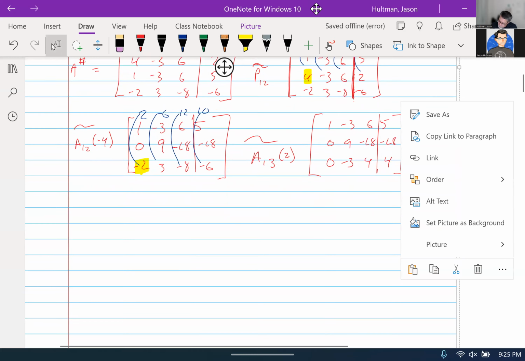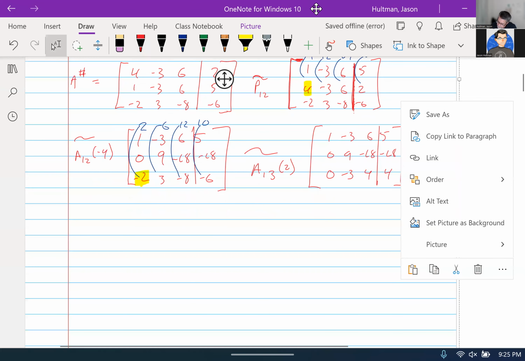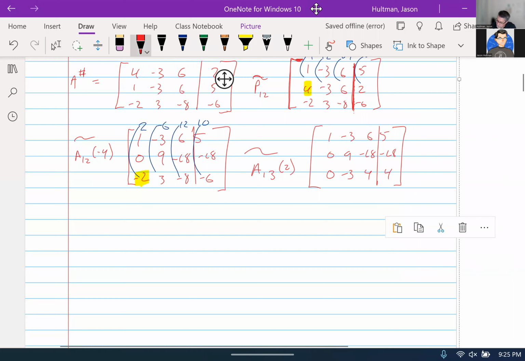Okay, so now we have some zeros. I'd like to get a 1 along this diagonal. Remember this diagonal, we'd like to get some 1s there. So my next step might be to multiply row 2 through by 1/9. That'll get me a 1 in that middle row.